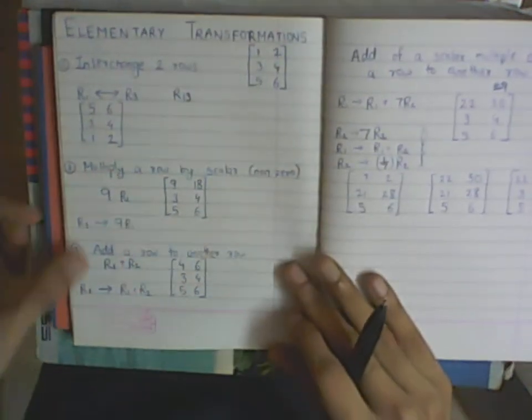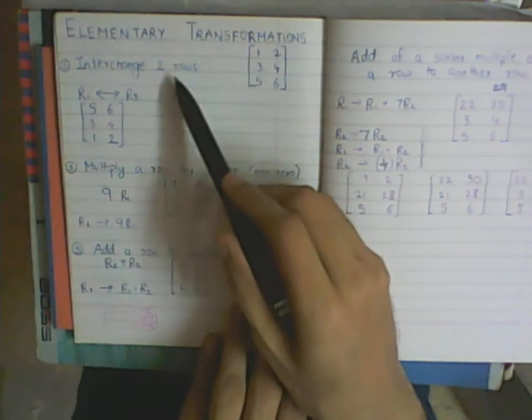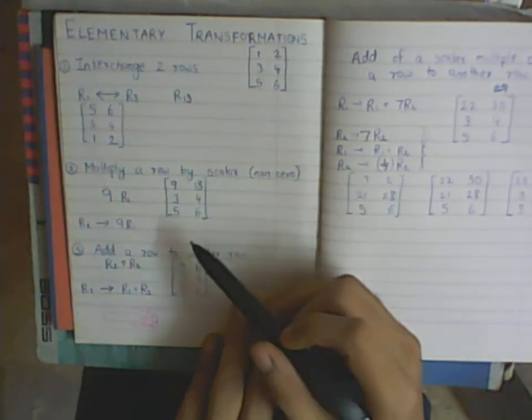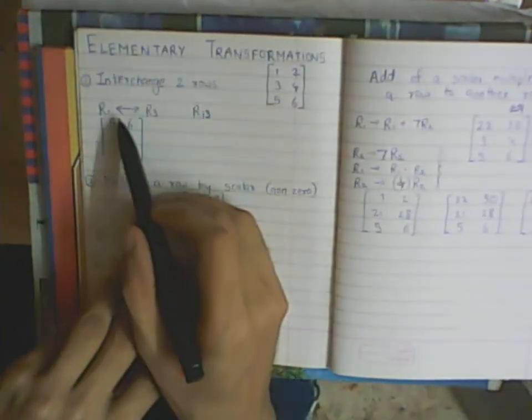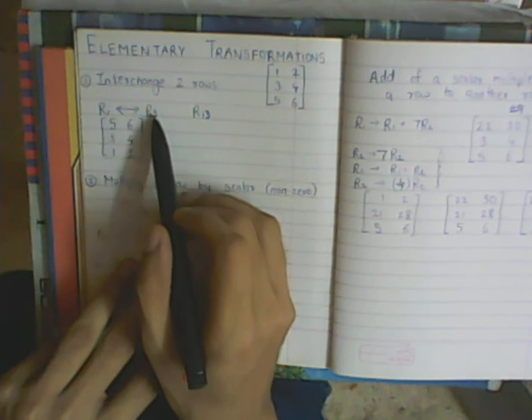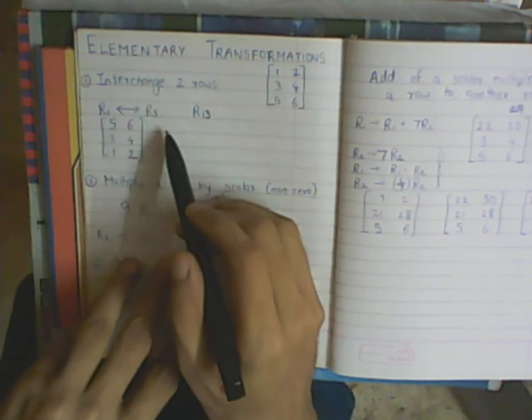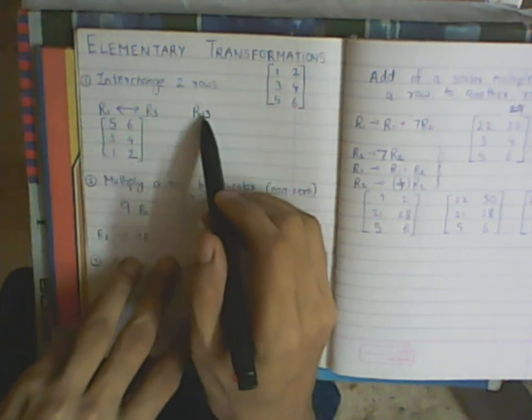So the very first essence from this is that all these transformations are invertible in the sense that you can undo them. For example, the very first transformation that we did here was interchange row 1 and 3. So if I were to undo this, I would just do the same transformation again, right?